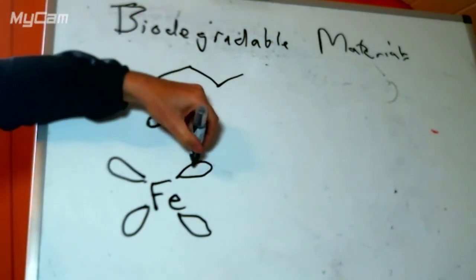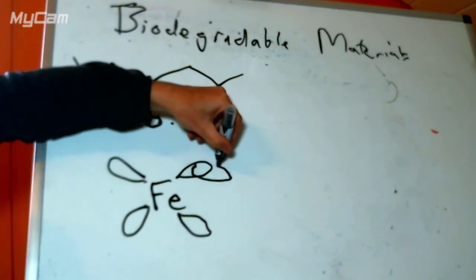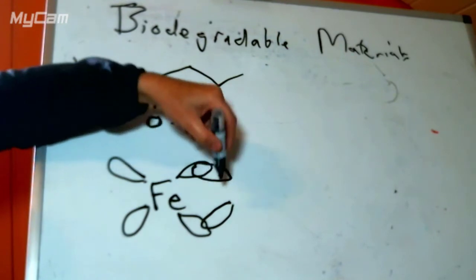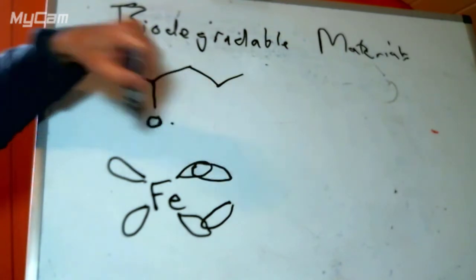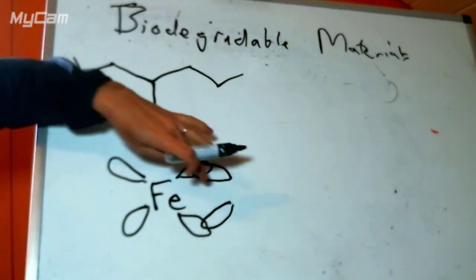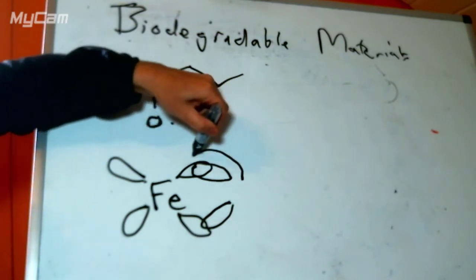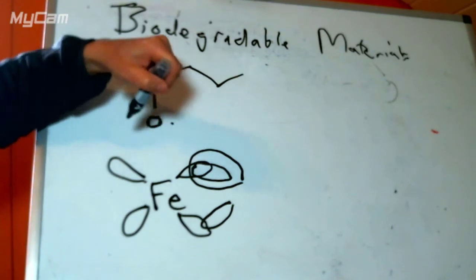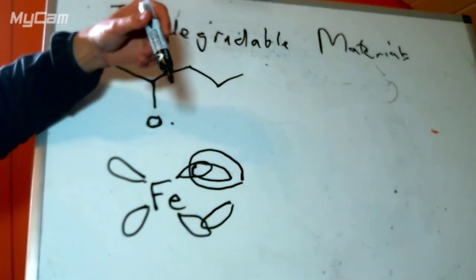So if we have something of similar size and similar angle, then we can attach to it better. If we have something that's much bigger, then the energy that we gain from the overlap is much lower.